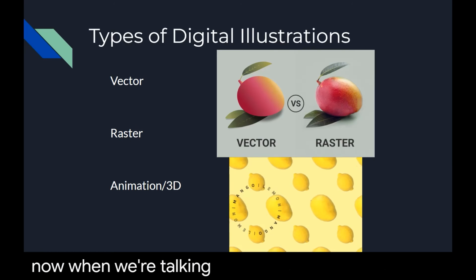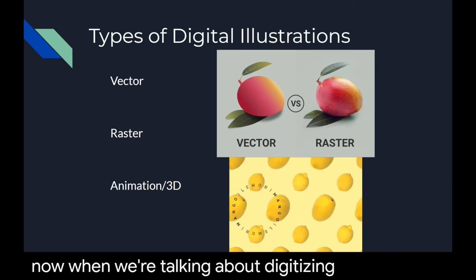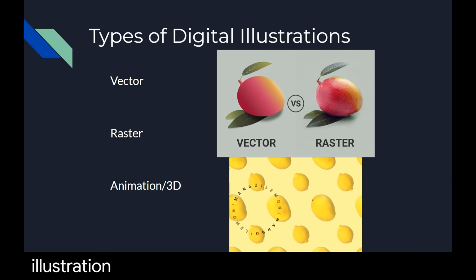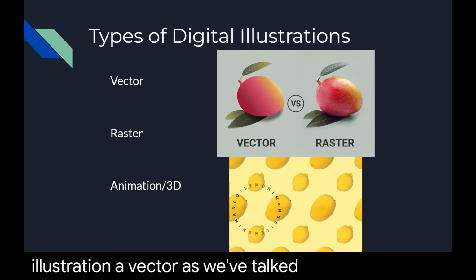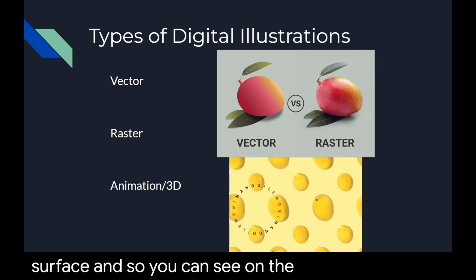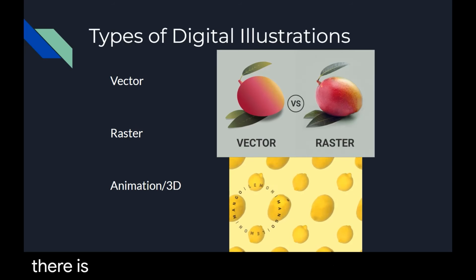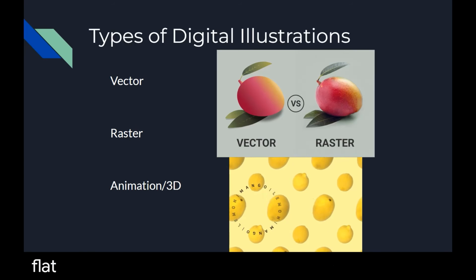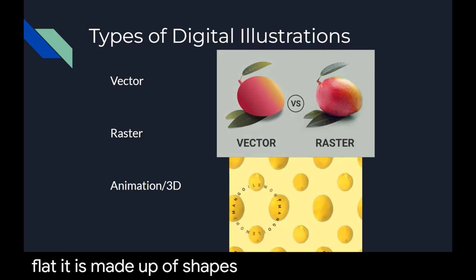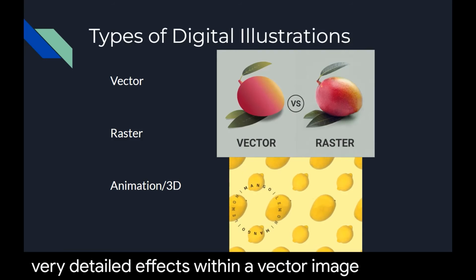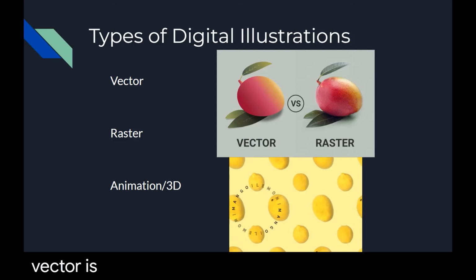Now, when we're talking about digitizing illustrations, it's important to know the different types of digital illustration. A vector, as we've talked about, is a very flat surface. And so you can see on the left-hand side that there is really no 3D element to a vector image. It is flat, it is made up of shapes. You can get very detailed effects within a vector image, but the vector is flat.